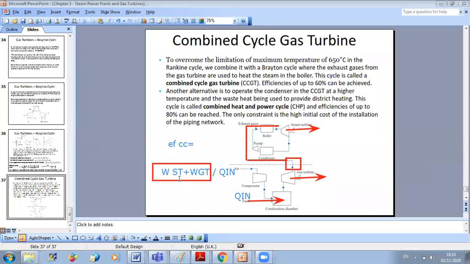We can write minus W pump 1 and minus W pump 2. But in general, the work at the pump level is very small, so small that it can be neglected compared to the work in the turbine. To be very accurate, yes, we should subtract W pump 1 and W pump 2, or we can just say W net of cycle 1 plus W net of cycle 2. Sometimes they neglect W pump because it's very small compared to W turbine. Okay, thank you. Any other question?